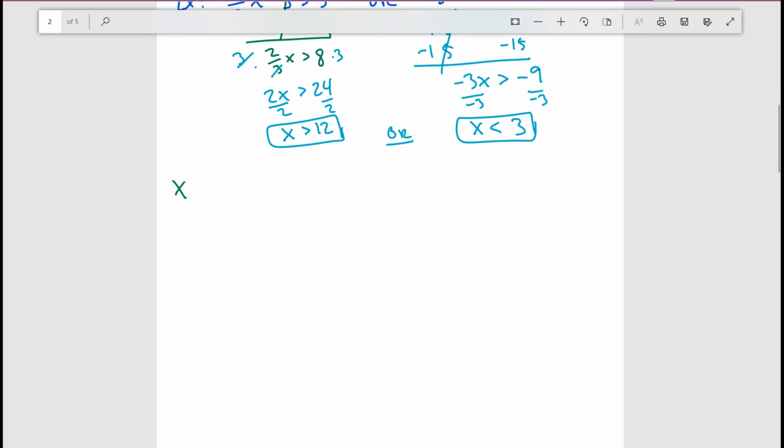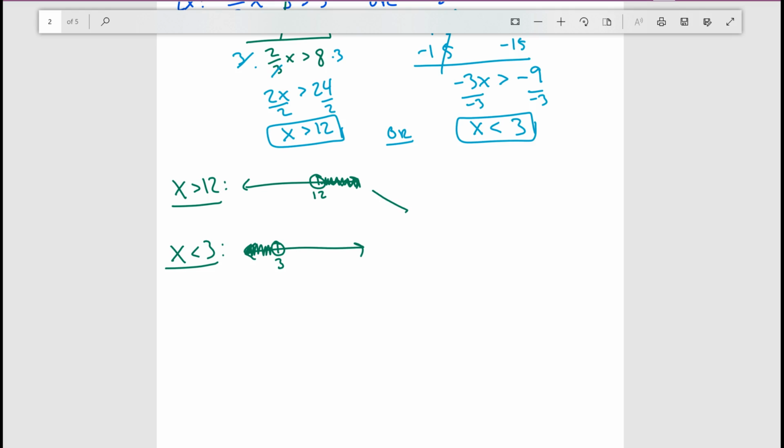So we have x is greater than 12, and x is less than 3. When I graph both of these, 12 is around here, 12 is not included, and I'm going to shade everything that's greater than that. x is less than 3, 3 is here, 3 is not included, and it's everything that's less than.